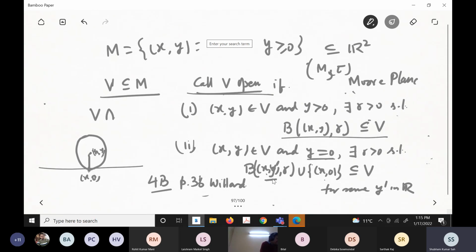Basically, the idea is that you will have an open disk which should touch this. Can you have any other disk touching this way without this x being the x coordinate? I do not think you can have it. But even then it doesn't make a difference. You can have another way than that if you have that situation.